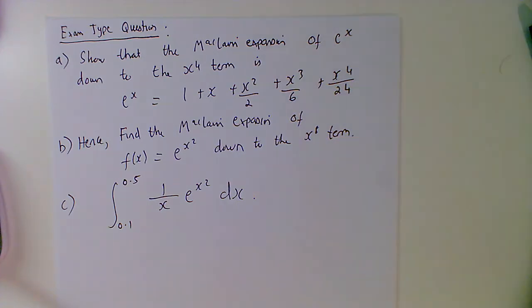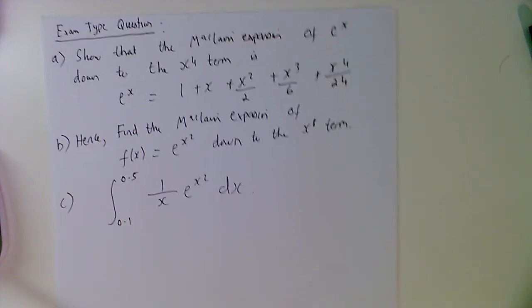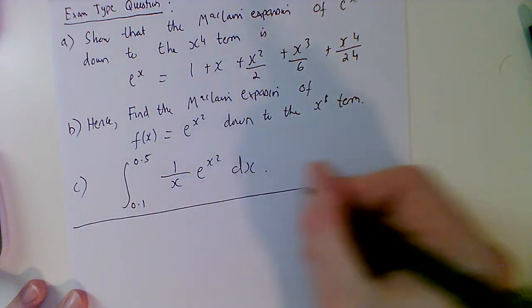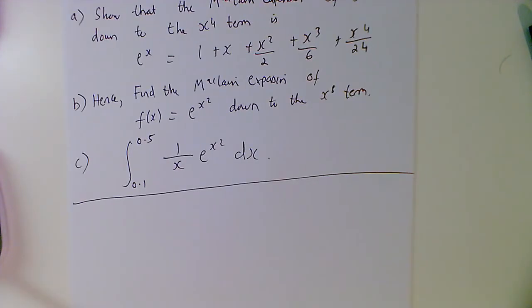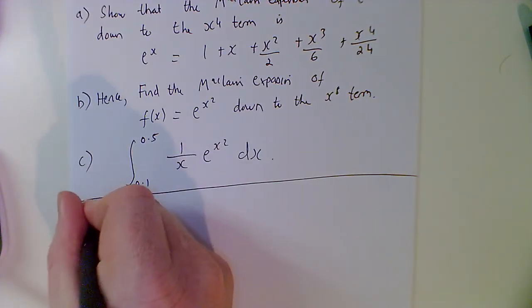Then it's asking you to integrate between 0.1 and 0.5, 1 over x squared dx. Right, so this is how a typical assignment question would be asked on this. 3 parts, right, so part 1.